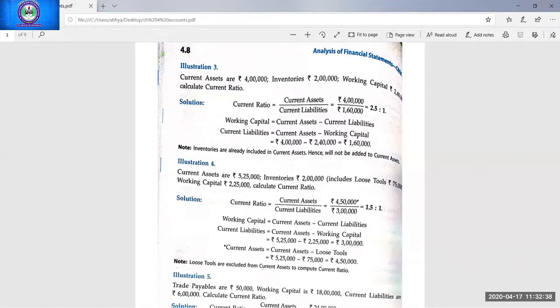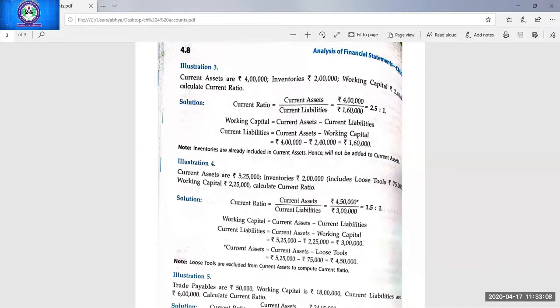In current assets, we include only those assets which are convertible into cash. Loose tools we are not going to sell in the market. That's why while finding the current ratio, we deduct loose tools from current assets, but not for anything else, just to put it in the formula. While calculating current liabilities, you will use the total current assets including loose tools.